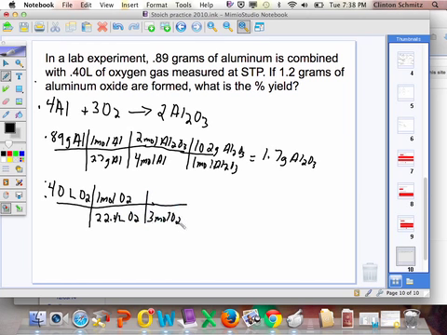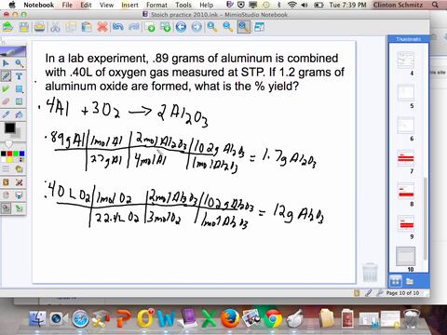For every 3 moles of O2 that reacts, you would get 2 moles of Al2O3. And then you change to grams. So for every 1 mole of Al2O3, you would have 102 grams of your Al2O3. And so the answer to that problem is around 12 grams of Al2O3.